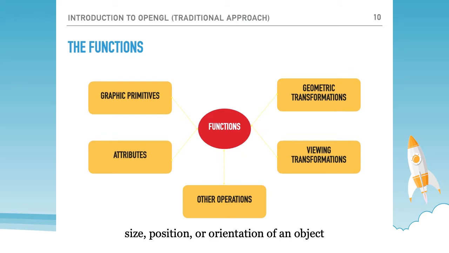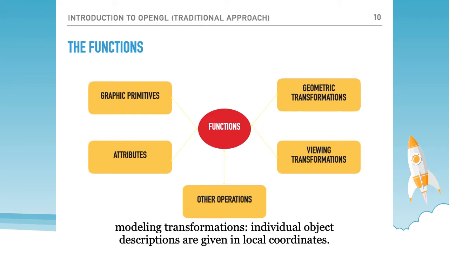Now you can change the size, the position, or the orientation of an object within a scene using geometric transformations. Some graphics packages provide an additional set of functions for performing modeling transformations, which are used to construct a scene where individual object descriptions are given in local coordinates.